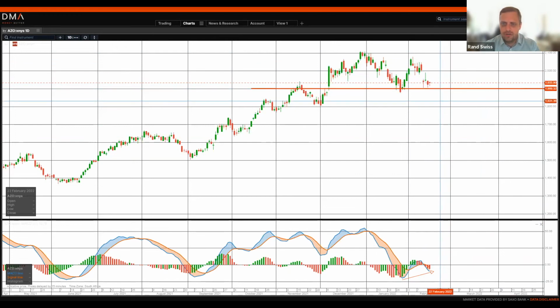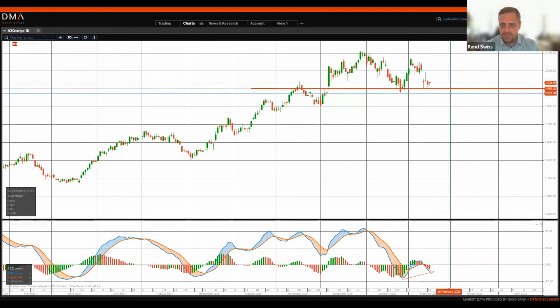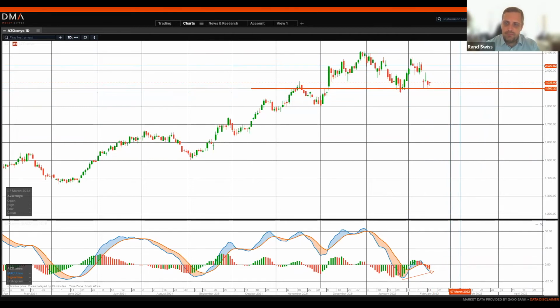Where do you put your stop loss? I'll probably put it just a little bit below, 875-ish. So $60 away. If you want, you can go 870, that's $65. That's where you put your stop loss, take profit at 2,100, a $170 move for a possible $60 loss. That's not too bad.